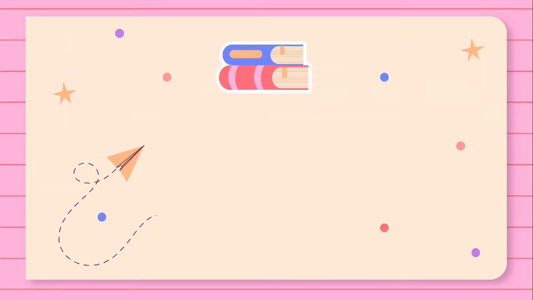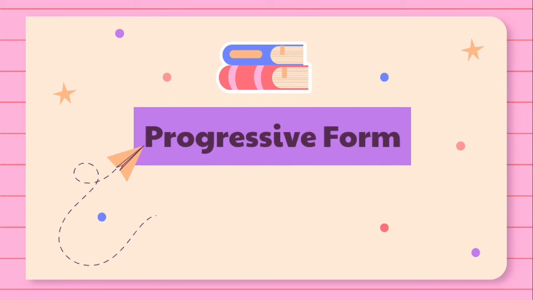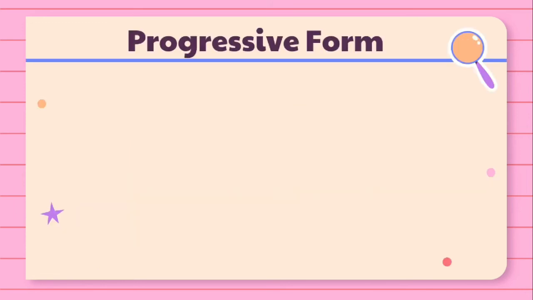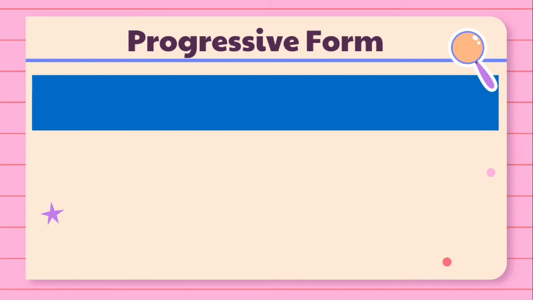Let us move on to the third form of the present tense, which is the progressive form. So it is used when you describe present events or actions taking place at the time of speaking. So if you have this progressive form, you should be able to use this formula.